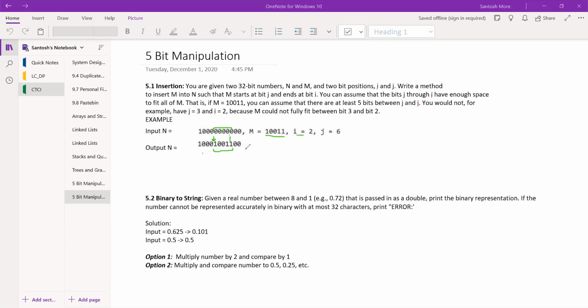It should be that simple. So first we clear these bits, then shift m, and then merge both of them.